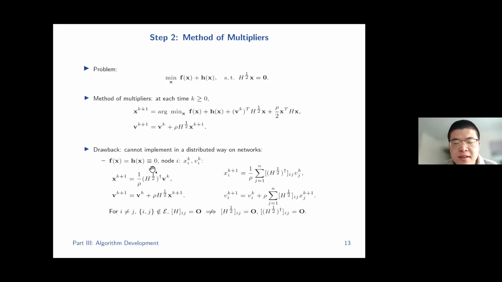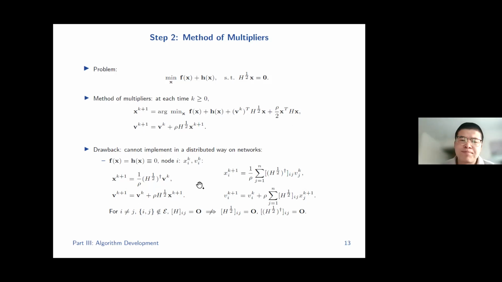With this setting, the method of multipliers becomes this one, where x^(k+1) is a closed form solution of this. And for the update of x, here, this matrix is the pseudo inverse of the square root of H. Now the updates of xi^k and vi^k will have this form.